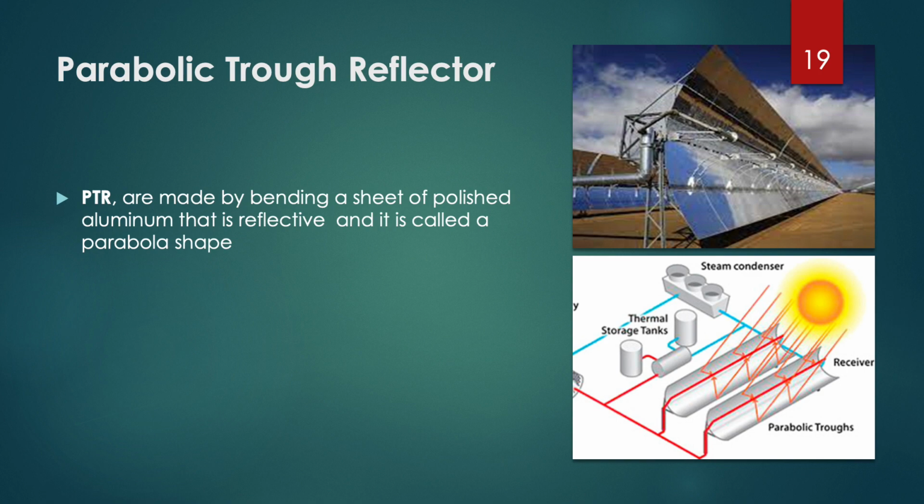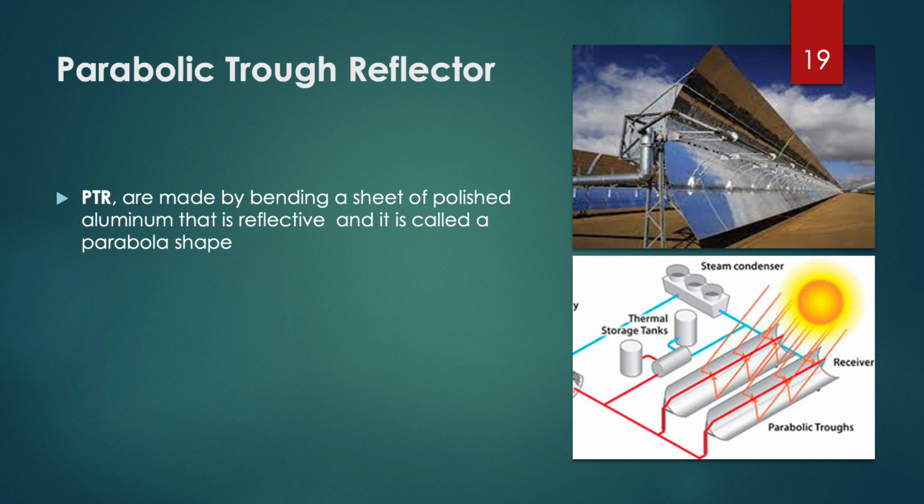Parabolic trough reflector, or PTR, is made by bending a sheet of polished aluminum that is reflective into a parabola shape. The parabolic trough reflector can generate much higher temperatures more efficiently than a single flat plate collector.